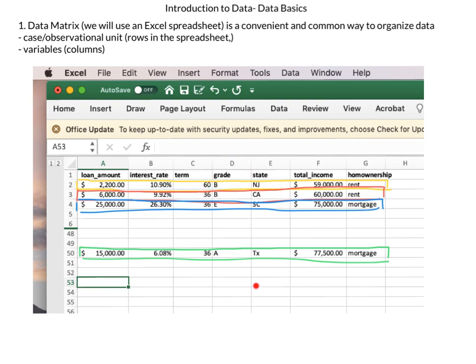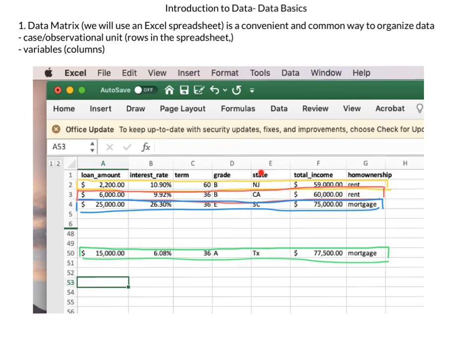The grade represents the probability that the loan will be paid back. So here, in this column, the first loan, the $2,200 loan, has a pretty good chance of being paid back. Whereas in the third loan, the $25,000 loan, the grade is quite low, E. It's a little more of a risky loan and may not be paid back. The next variable, this next column, is state.